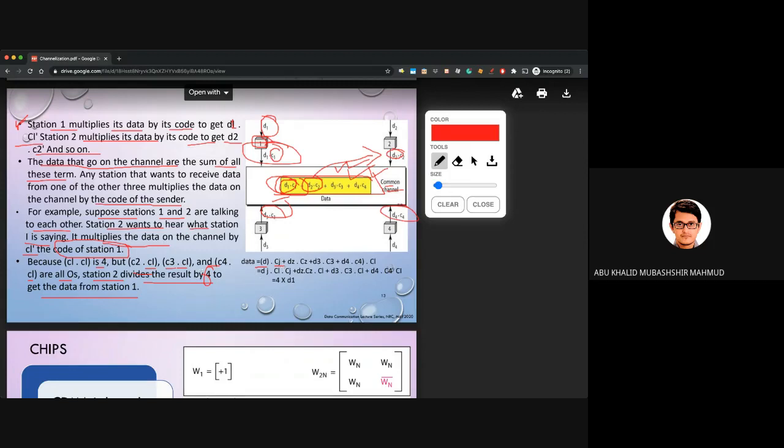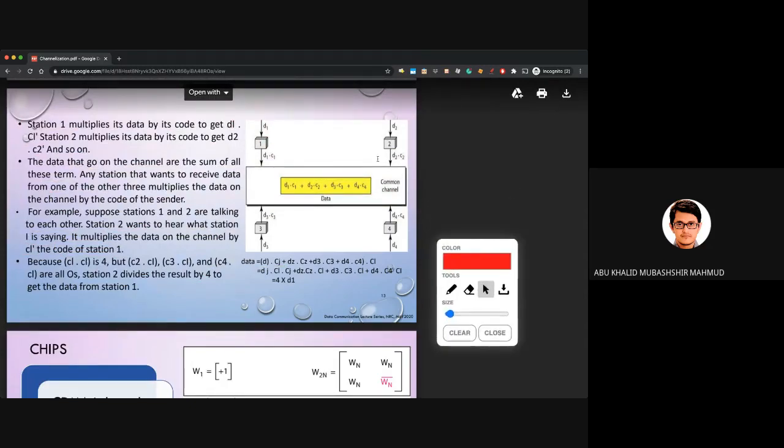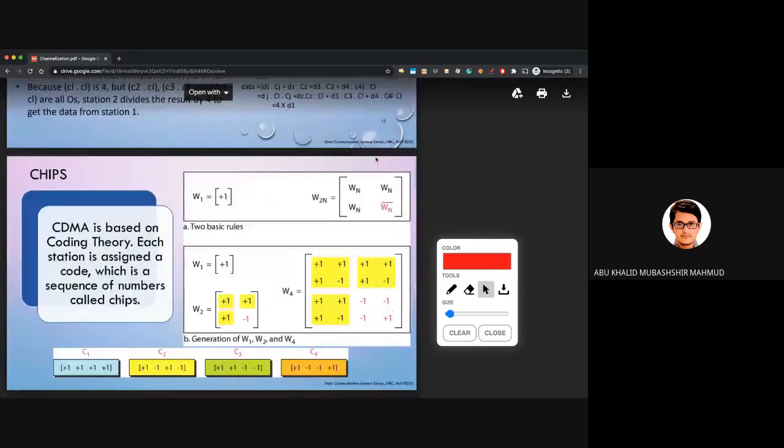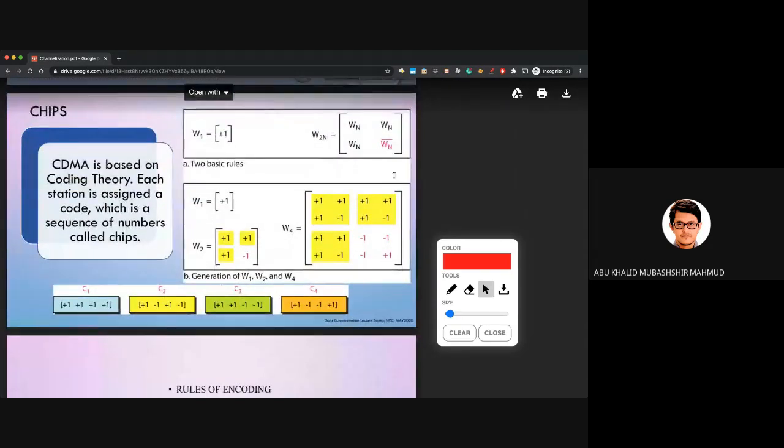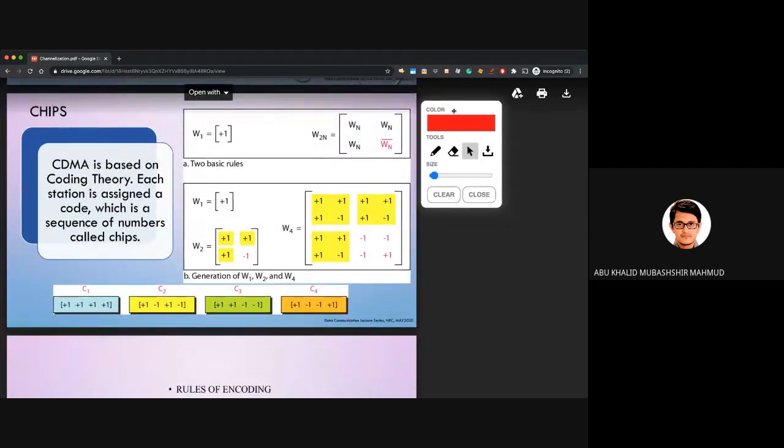We use it to decode the data that was sent from station 1. I hope you get that, but for clarification, please ask me in Google Meet or self-study from your book.